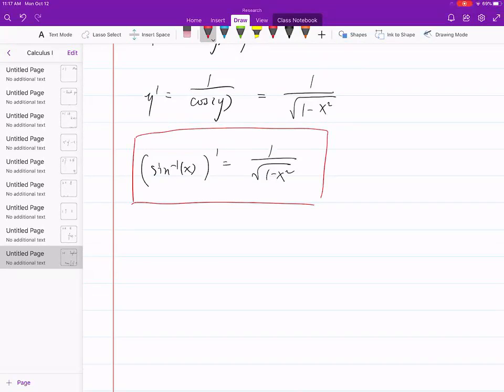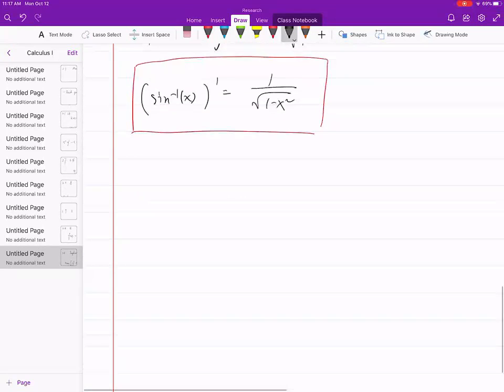We still have 5 more. And what I will do is I will quickly do tangent and secant, and then we will guess what is cotangent and cosecant and cosine. All right, so tangent inverse. This implies x equals tangent y.